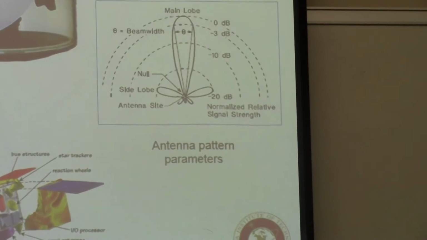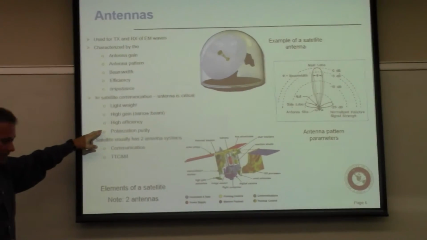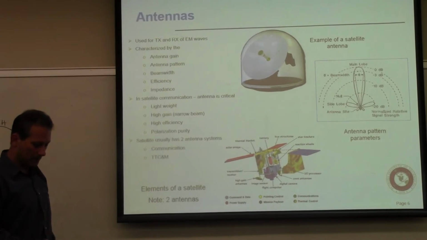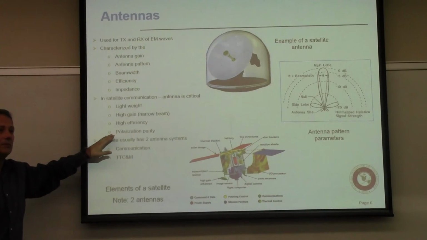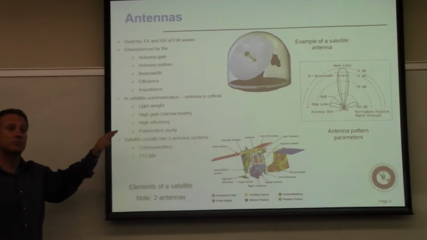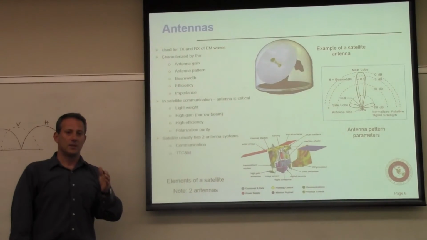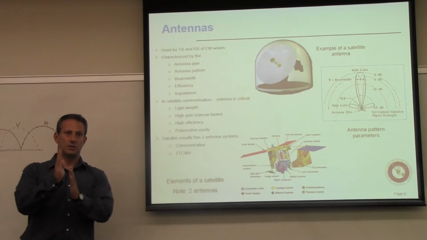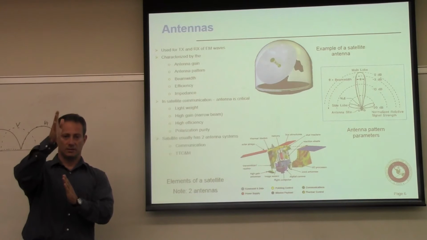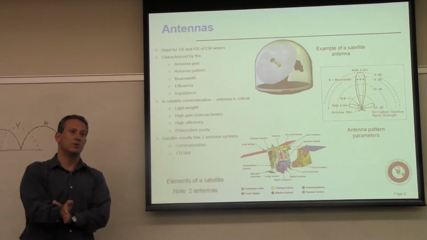We want them to be highly efficient, meaning that whatever we provide in terms of conducting power gets radiated. And then we need them to preserve polarization purity. What is polarization purity? If we make the design so that it's, let's say, vertically polarized, we want to make sure that the vast majority of the energy is radiated in the given polarization.